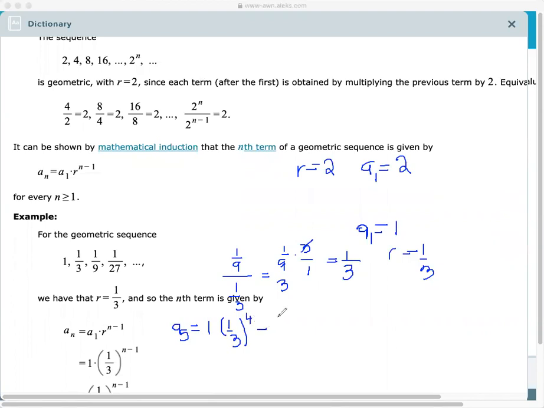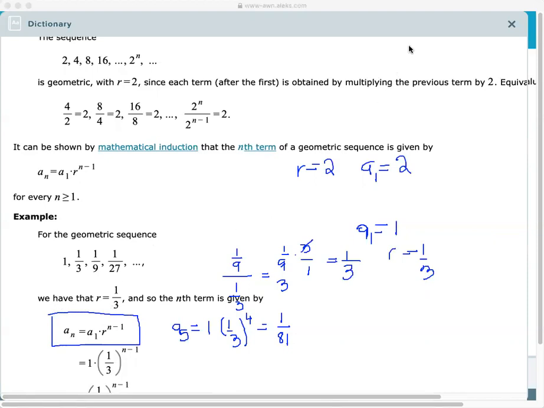Then we get 1 over 3 to the 4th, which is 1 over 9 times 9, and that's 1 over 81. You could also use your calculator, and that would be our fifth term. Now that we have our general form for a geometric sequence, also called closed form, that's going to help us in solving the problem.